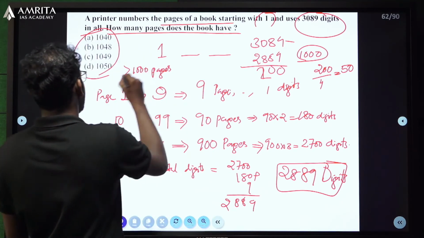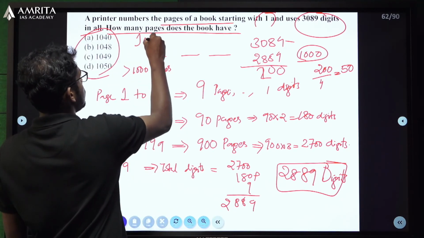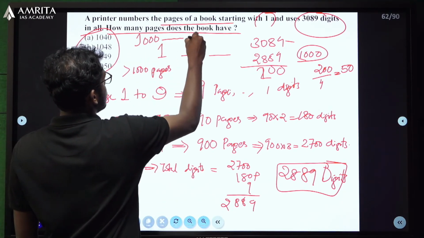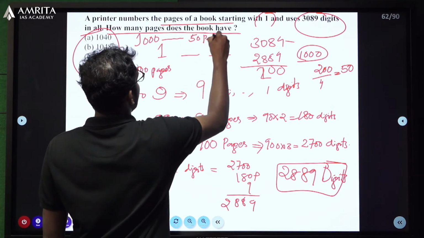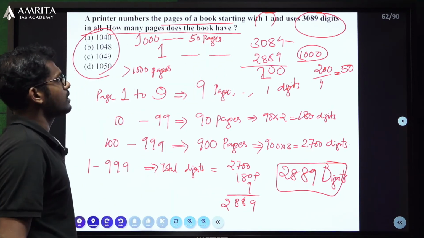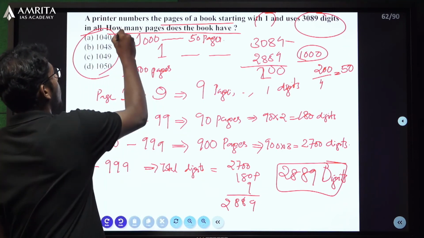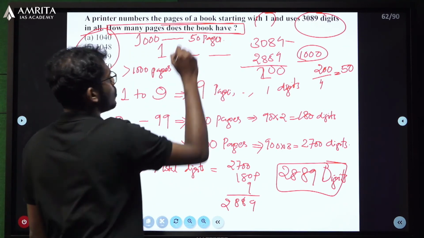Starting from page number 1000, there are 50 pages printed. Clear? So the question says, how many pages does the book have?